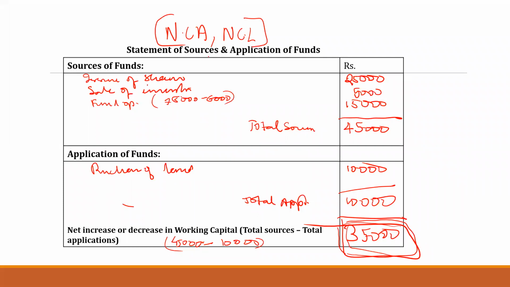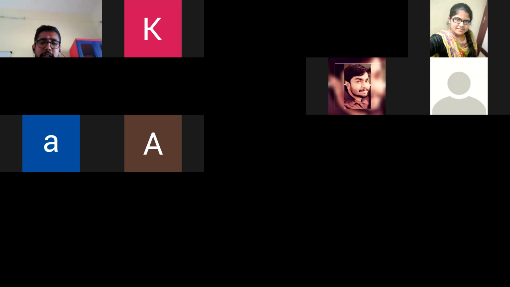In the statement of sources and application of funds, we write the various sources where our company received money, and application of funds talks about spending money to get something. That is all about the fund flow statement. Many of you may have some difficulties, but in the subsequent sessions, while doing problems, it will be very easy.